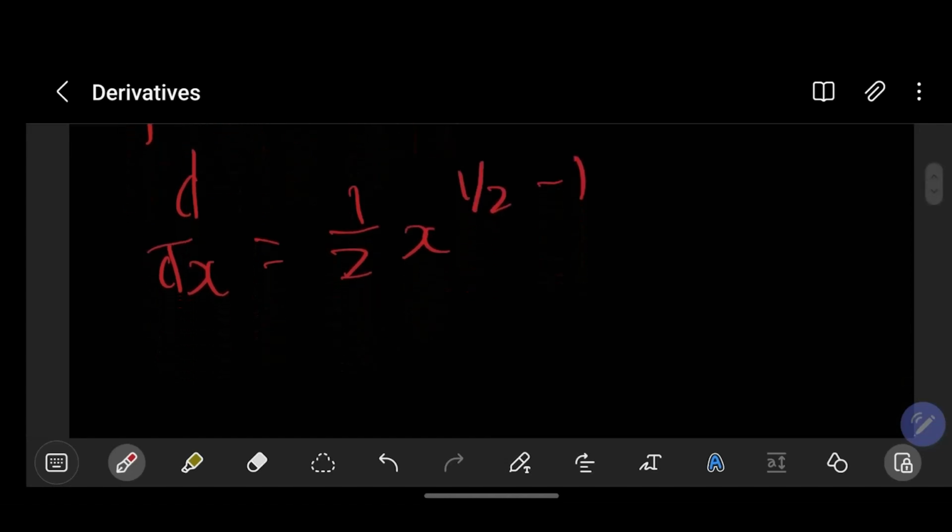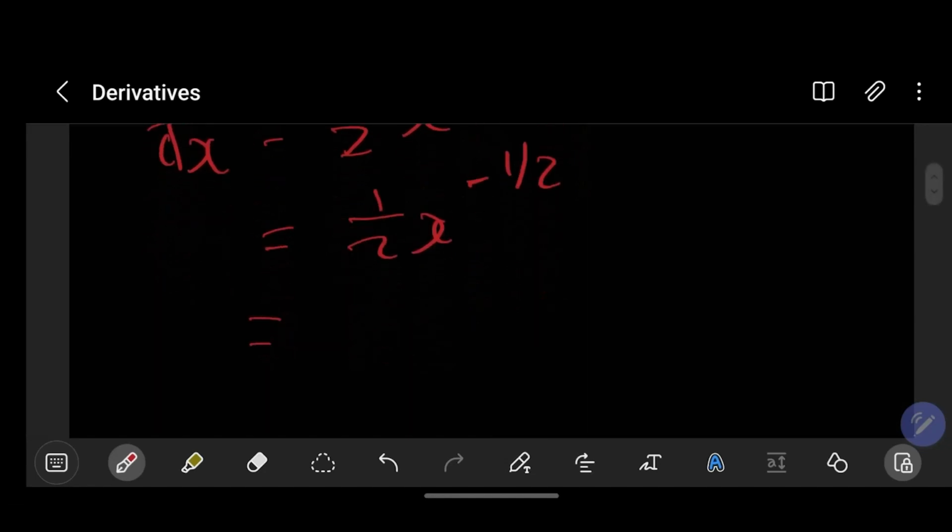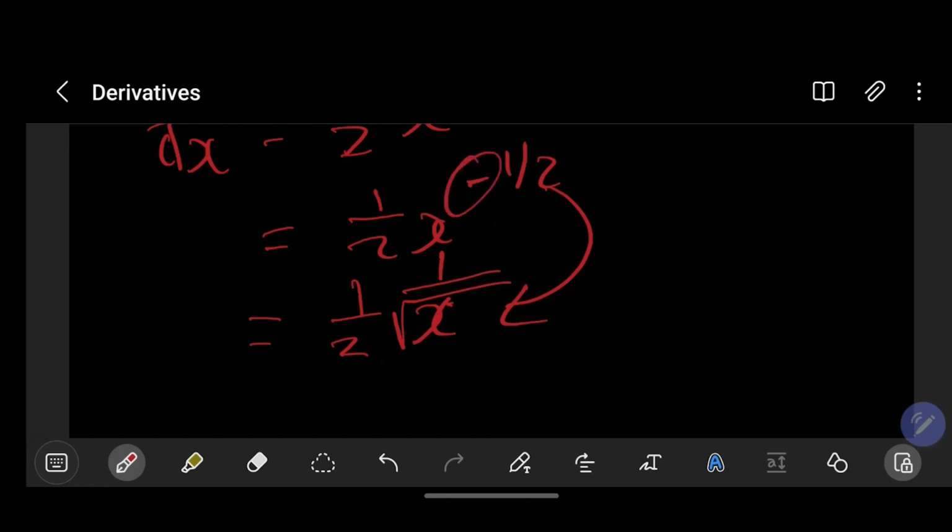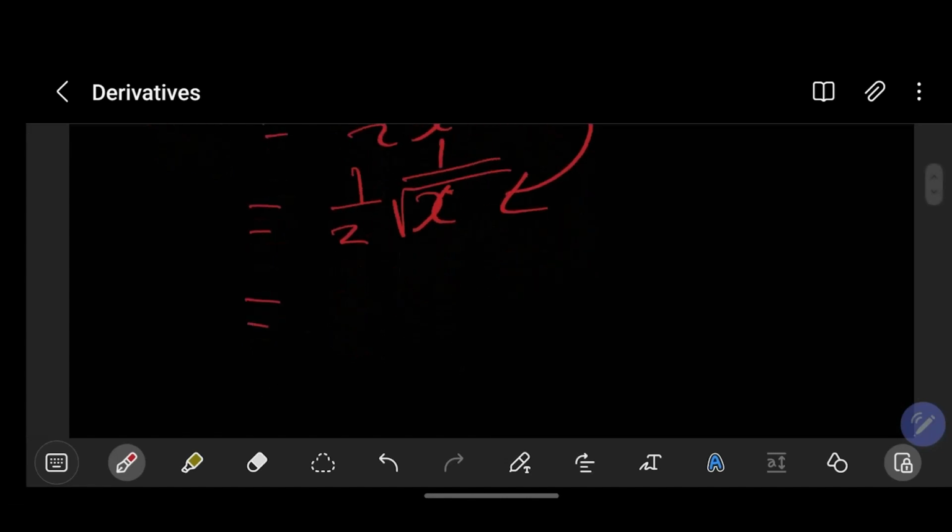Okay, and that's now just equal to a half x to the minus a half, and we can rewrite this as 1 over 2 times the square root of x. Because of the negative we take it to the bottom. So just to make this look neat, we can write it as 1 over 2 square root of x. Okay, quite another easy example.